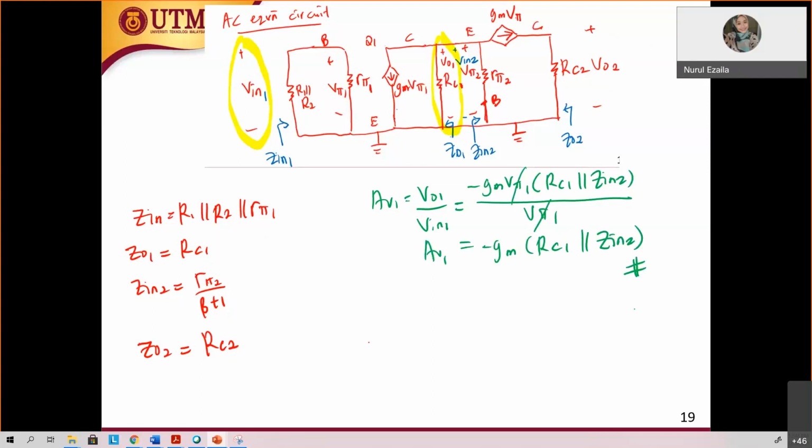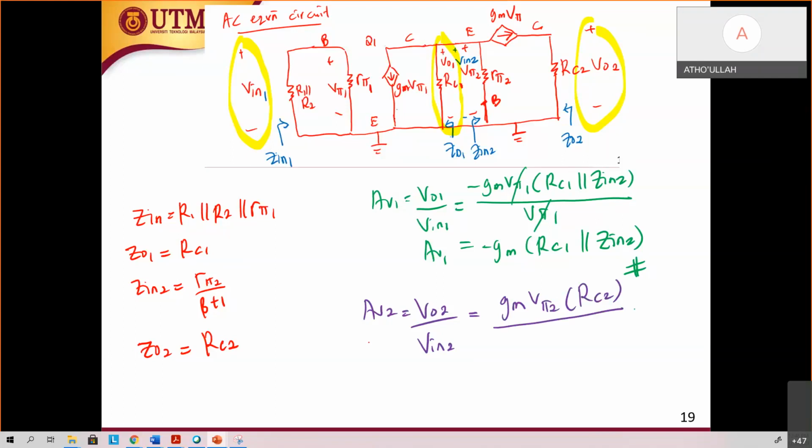Next, AV2 is V out 2 over V in 2. So V out 2 is equal to what? Positive or negative? Positive, yes. gm V pi 2 times RC2, over what is V in over here?